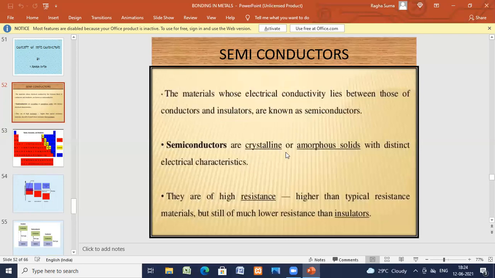Semiconductors can be crystalline or amorphous solids. They have higher resistance than typical conducting materials, but still much lower resistance than the insulators.